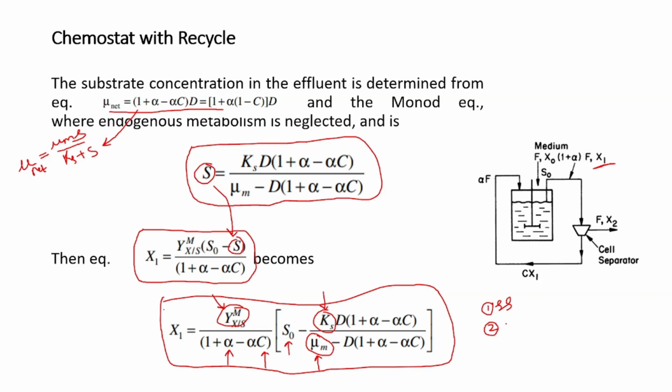Another thing we are assuming is that kd is 0, that means mu net is equal to mu g. This is very important. Kd is 0, so no death is happening inside the chemostat, which is not actually the case. Some death obviously happens. Under these conditions only we get this expression of x1. In the subsequent lectures we will delve deep into other types of chemostat.